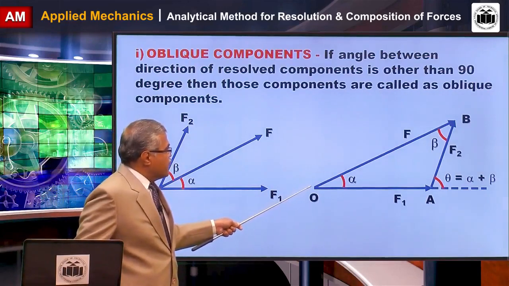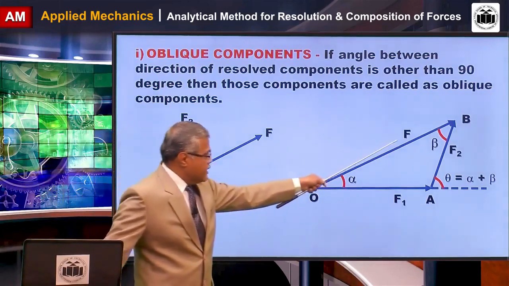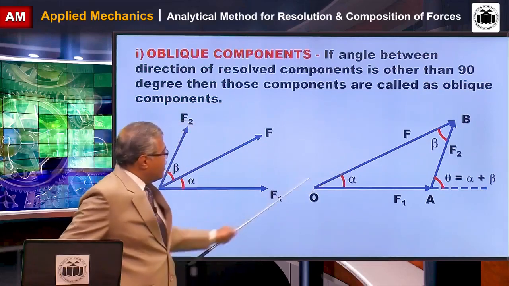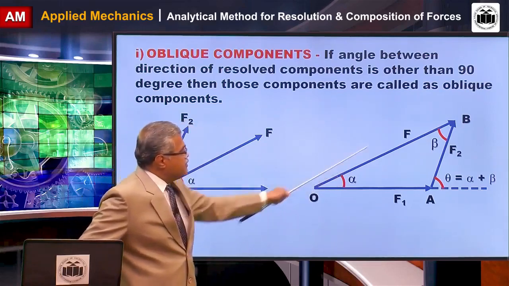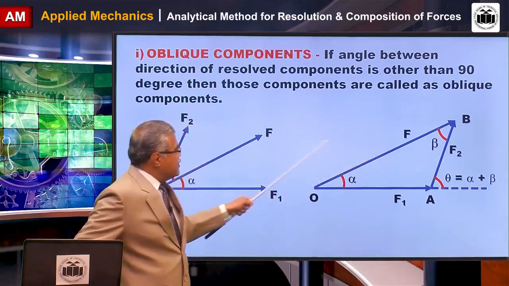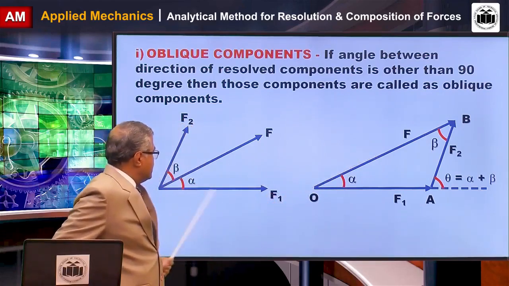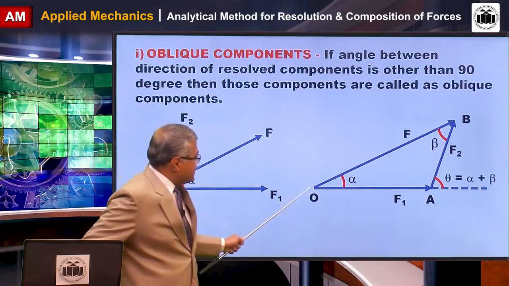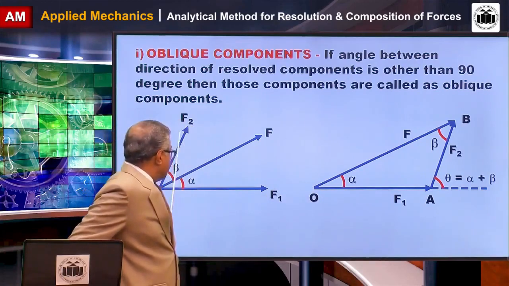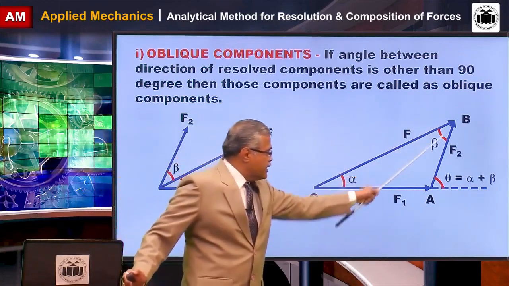Here we have to draw the single given force F as a vector, making an angle of alpha with the horizontal. This is drawn with the scale as a vector. Then draw a line parallel to force F1 passing through this end point. Similarly, draw a line parallel to F2 through this end point.